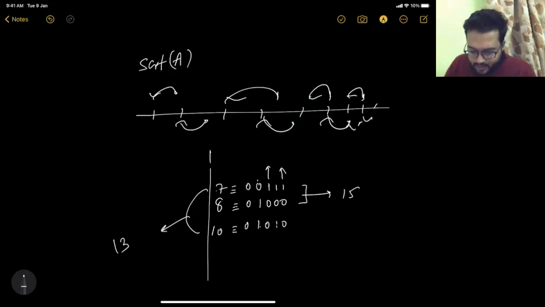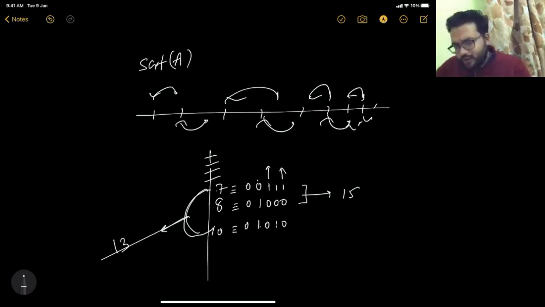So yes, 7 will give you a bigger XOR with 8 than it will give you with 10. But you will still get the minimum answer by looking at the XOR of 8 and 10. So my claim essentially is, whatever 8 will give the minimum XOR with can only be 7 or 10.